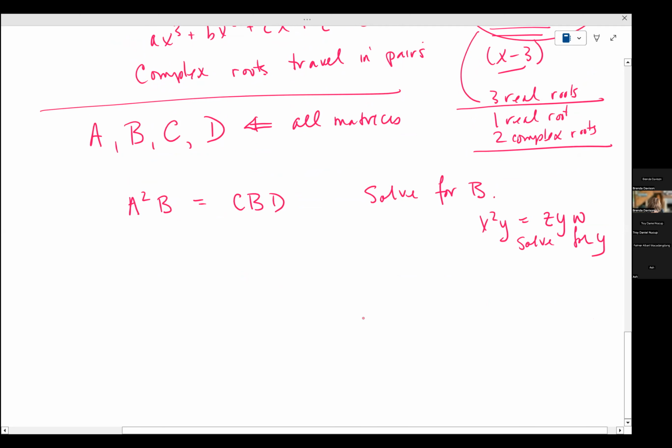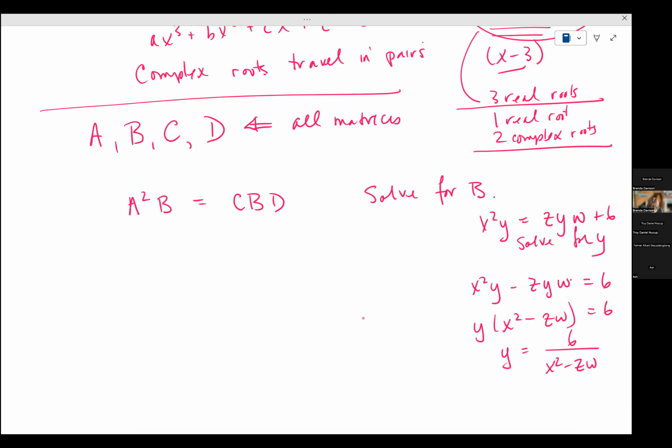except we're going to talk about the main important thing to be careful about. Let's just say I was here, I would move everything to do with y onto the left-hand side like that. Then I would be able to factor out the y, and I would have x squared minus zw, and that is equal to 0, and then I would say, well, in this case it's not 0, the whole thing doesn't come out to be 0, and then I would divide, and okay, I would now have solved for y.